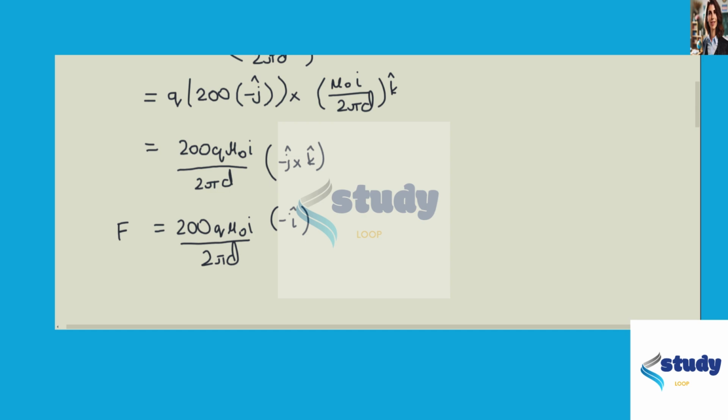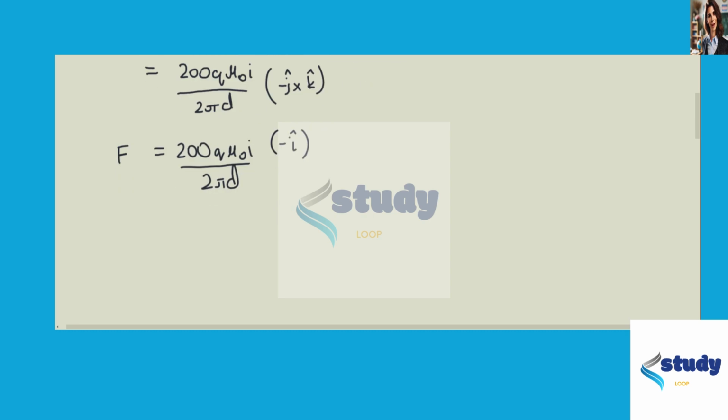And now we can simply substitute in our values. So F is equal to 200 times the charge on a proton, which is just 1.60 times 10 to the negative 19 coulombs. That's the elementary charge. The permeability of free space is 4 pi times 10 to the negative 7 Henri per meter, or Tesla meters per ampere.